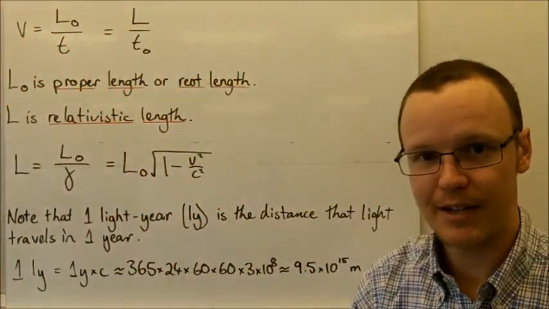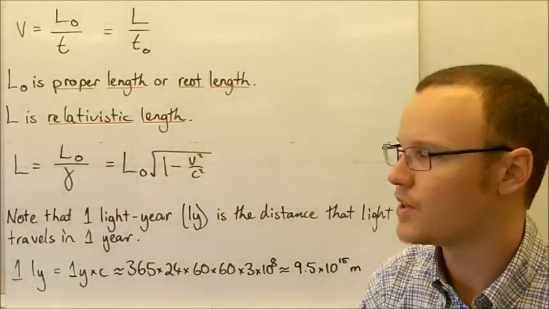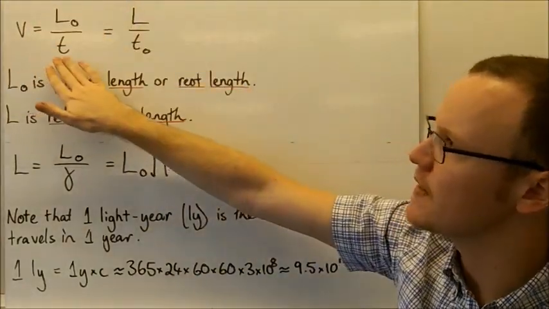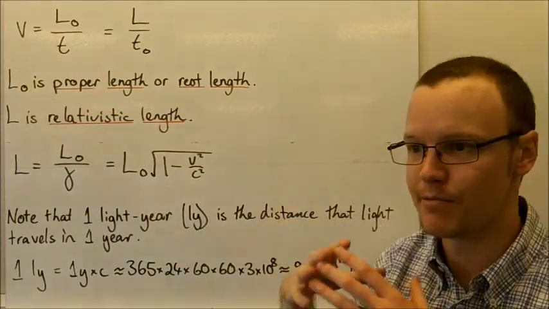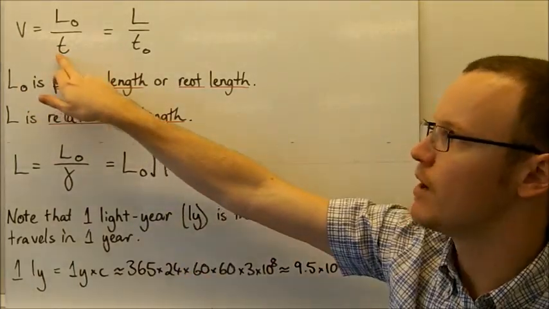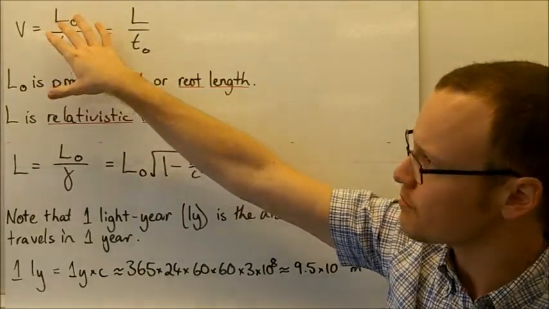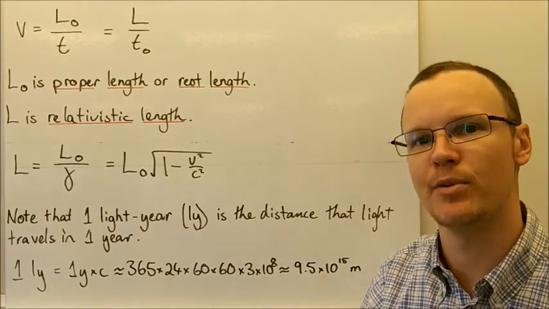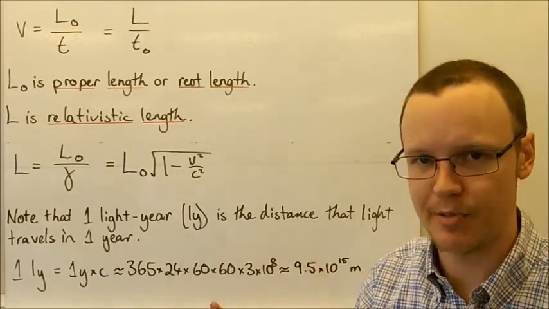So velocity equals displacement over time, velocity equals length over time. So if we're in a rest reference frame, measuring relativistic time, we're measuring the rest length. We're looking at the rest length of whatever object it is, or whatever distance that we're talking about.